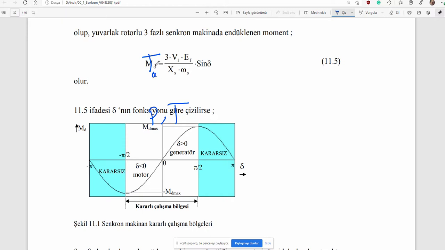Armature power, we said armature power. In Turkish we call it döner alan gücü, endüklenen güç, moment, TA, armature power, armature torque right now. It is just equal to induced power over angular speed of the shaft. That is the new parameter coming down here.